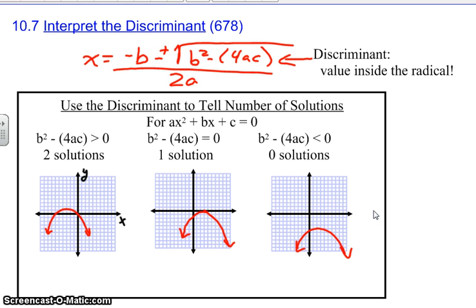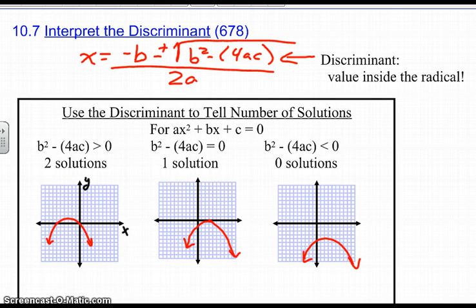It doesn't mean you can't graph it. We've shown that. You may not have a solution, but it's very graphable. It's a parabola that is opening down with a vertex below the x-axis, or we could have a parabola opening up, but the vertex is above the x-axis.